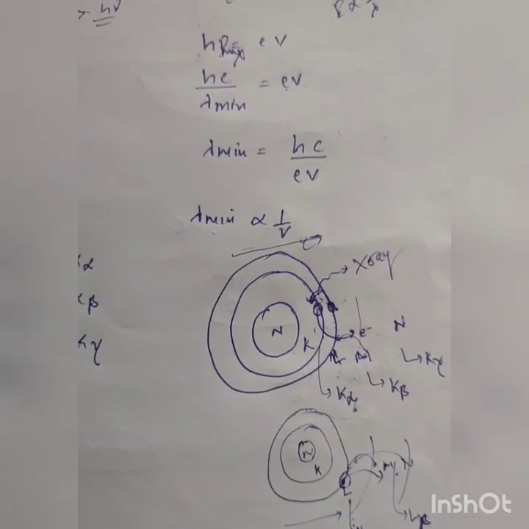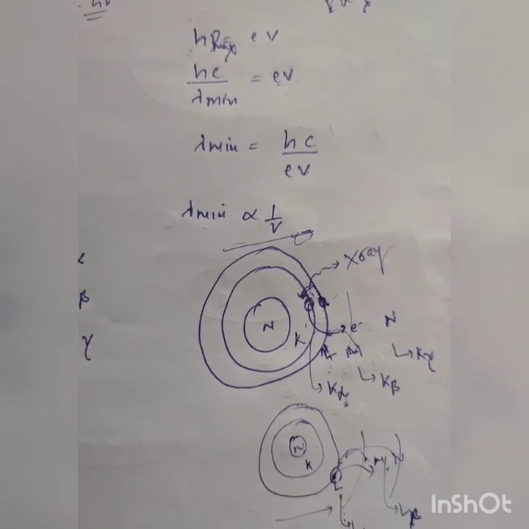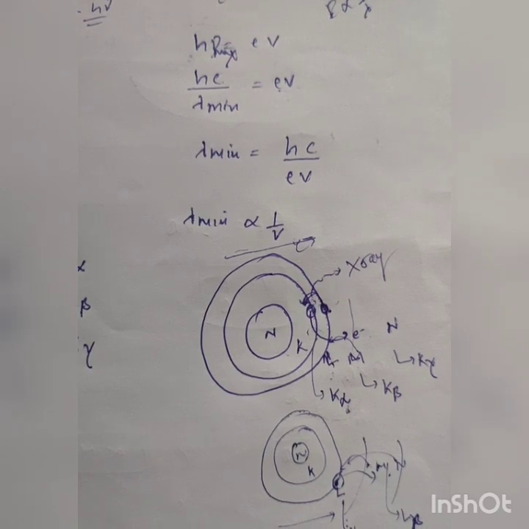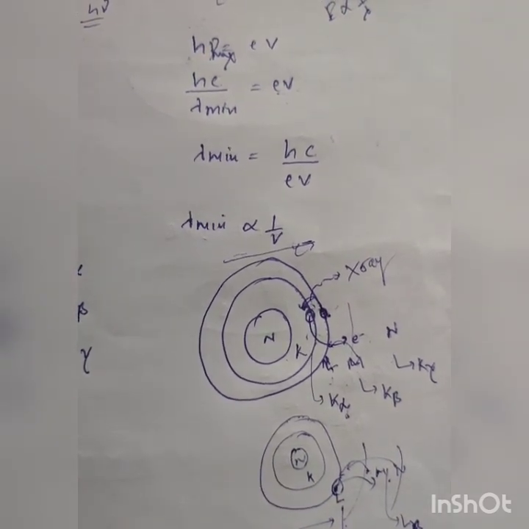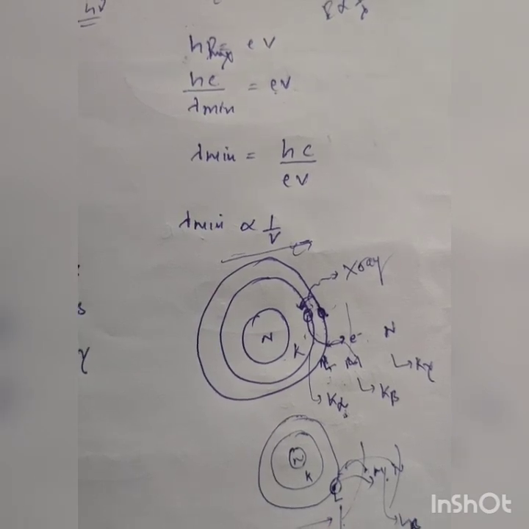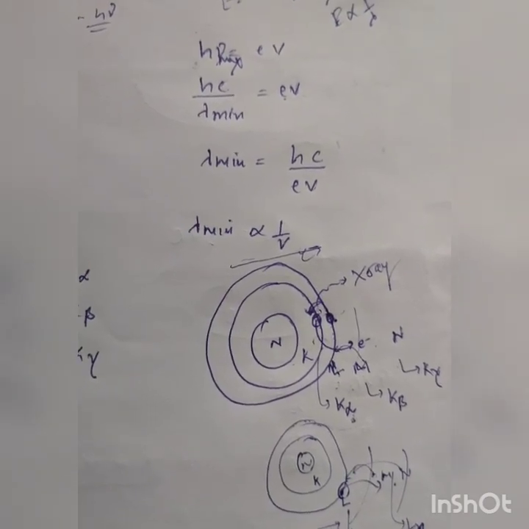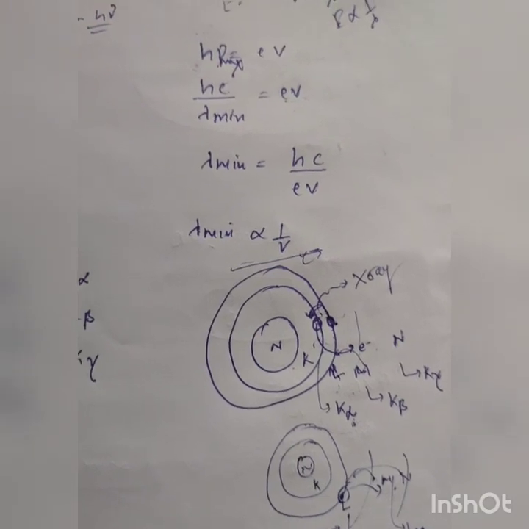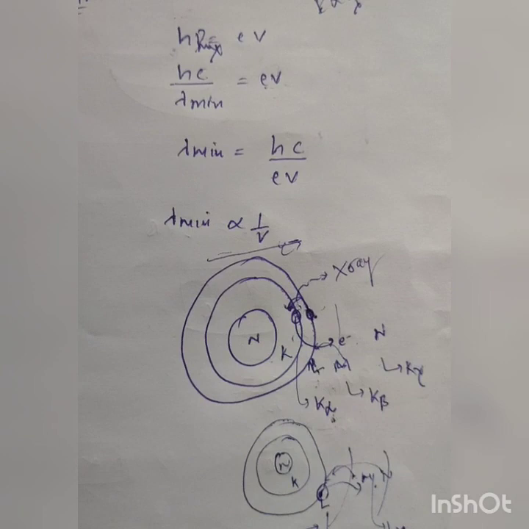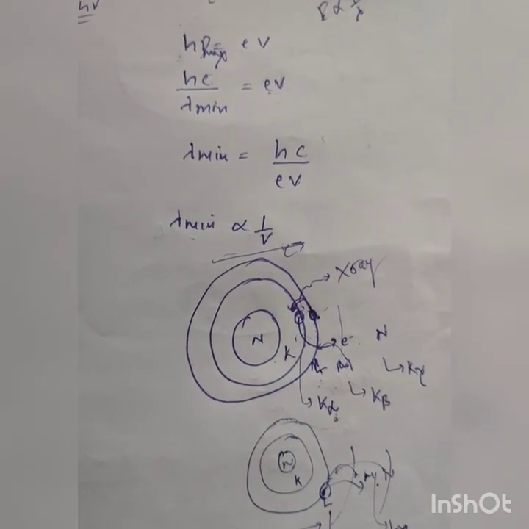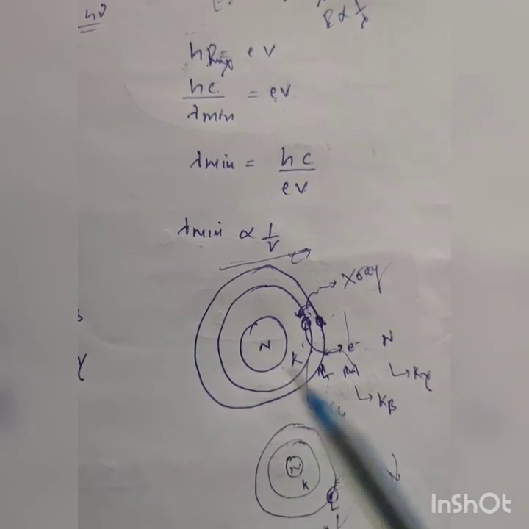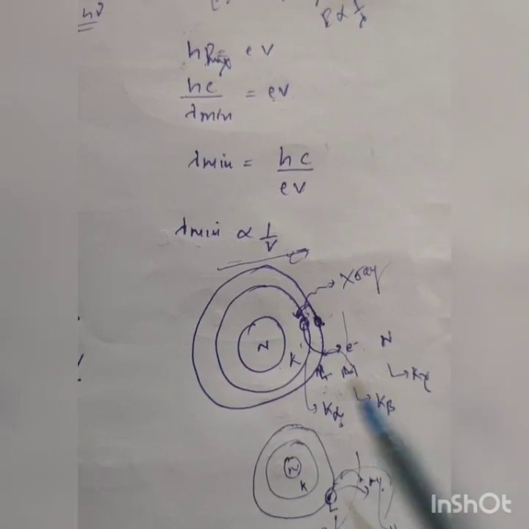The K alpha lines have maximum energy and maximum wavelength in the K series. What is the reason? Because the L shell lies closer to the K shell, and the probability of filling the vacancy of the K shell by an electron of the L shell is maximum.